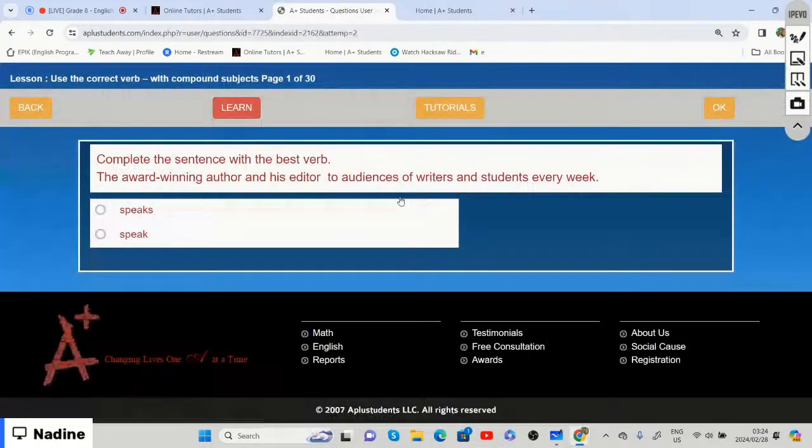So we're going to begin our test where we are going to choose the completed sentence with the base verb. It says the award-winning author and his editor, do we say speaks or speak to audiences of writers and students every week?